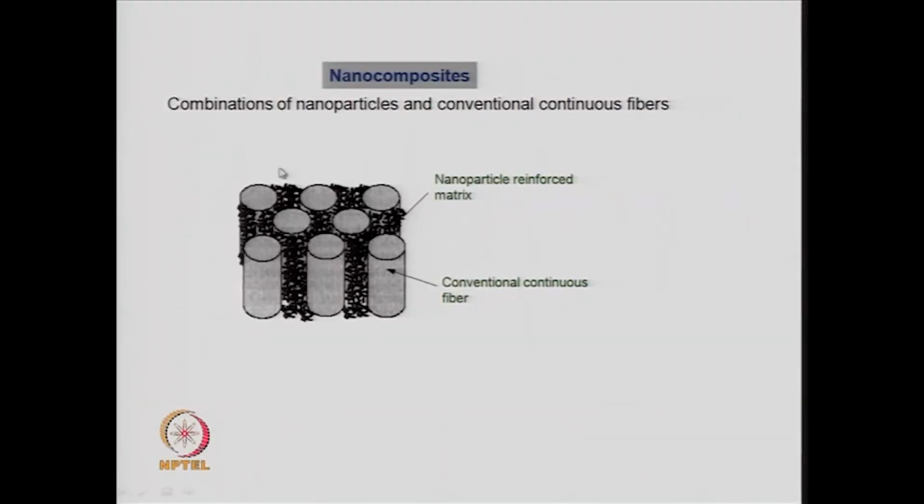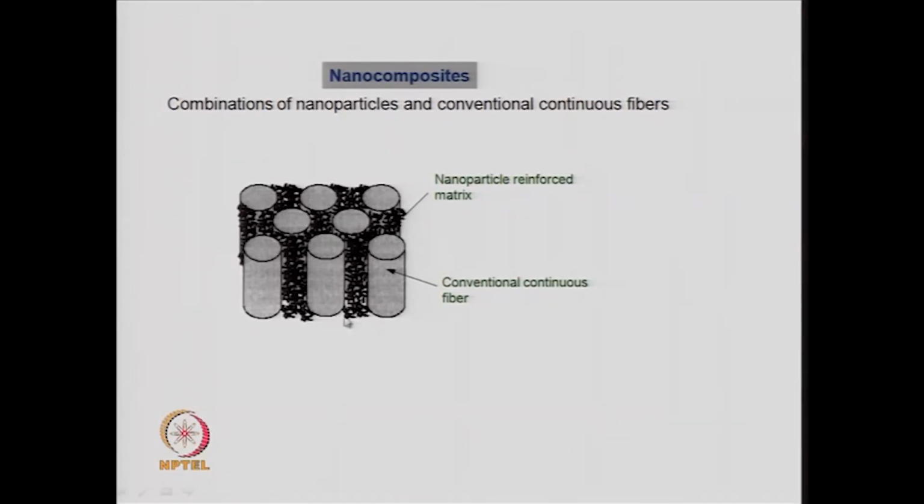So, this is typically a nanocomposite of particles which are nano dimensions. So, these are nanoparticles along with fibers. The matrix here is the fibers and the nanoparticles are the phase which we are calling the reinforcement particles.